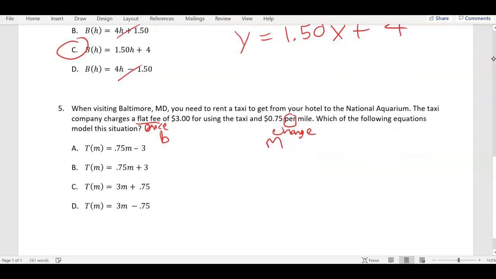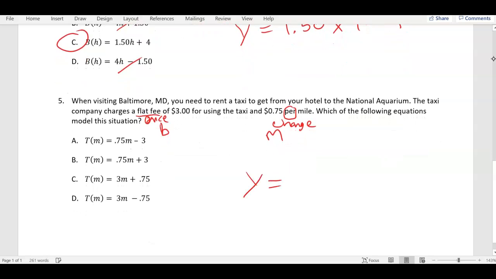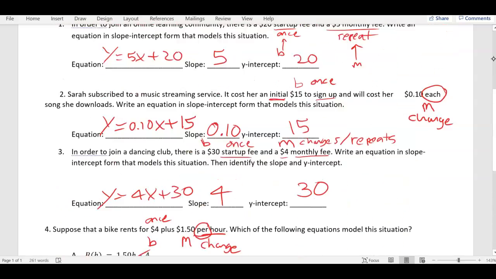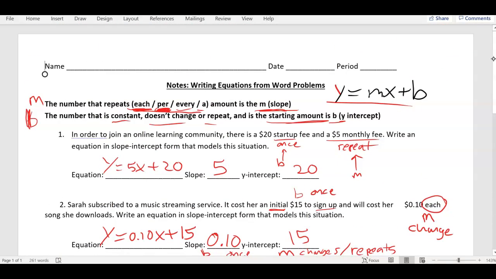So y equals 0.75x plus $3. And instead of x, they're going to use m. We're not subtracting, we're not mixing things up. It's 0.75m plus 3. That works out.